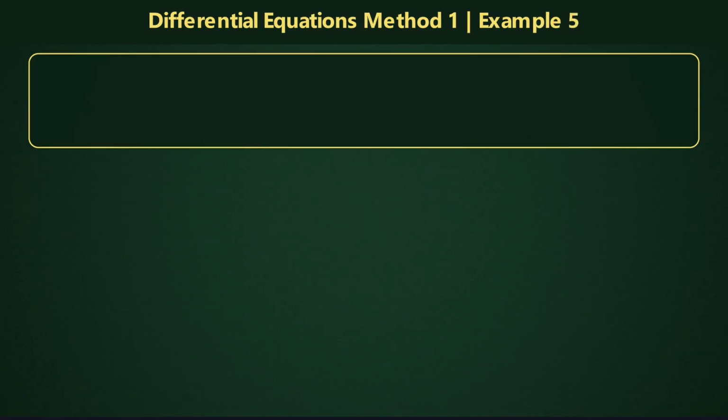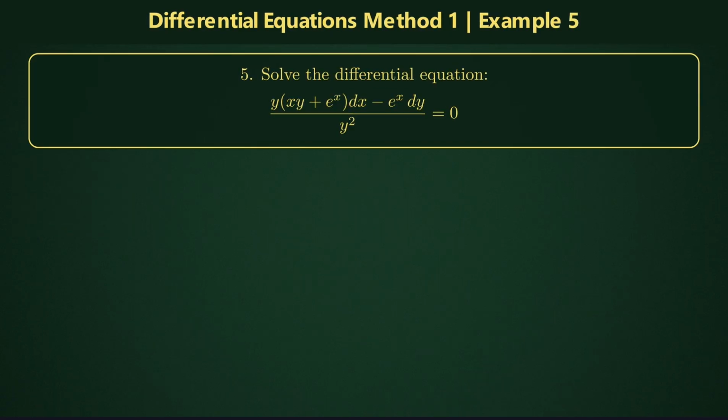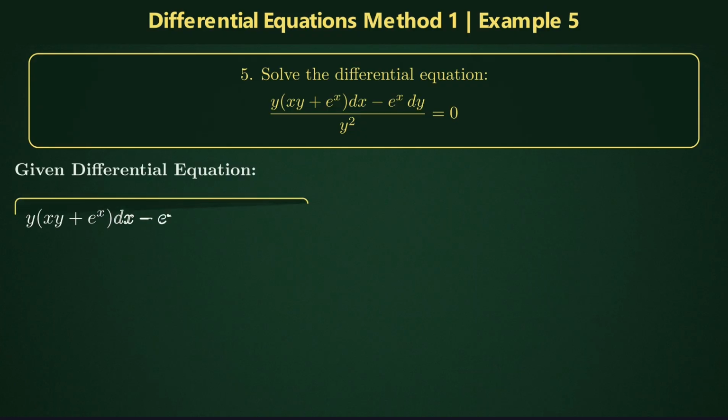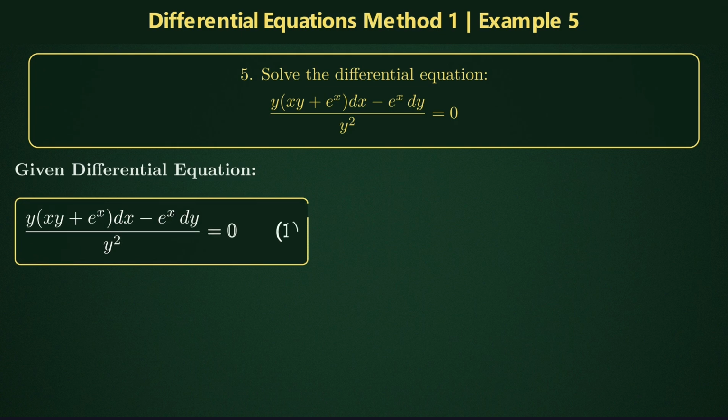Let's solve the fifth question, the fraction y times the quantity xy plus e to the x dx, minus e to the x dy, all over y squared equals 0. We start with the given differential equation. The equation is the fraction y times the quantity xy plus e to the x dx, minus e to the x dy, all over y squared equals 0.